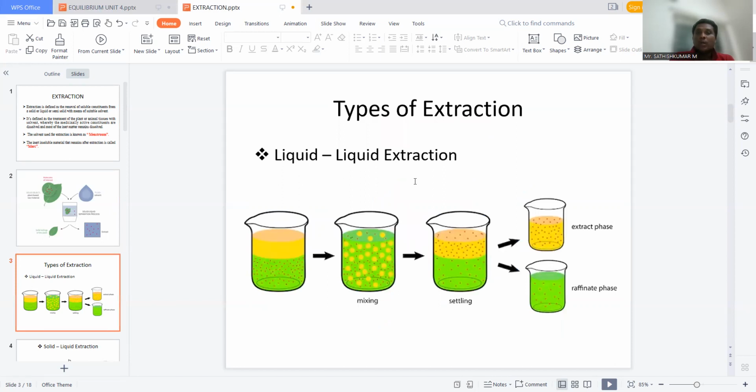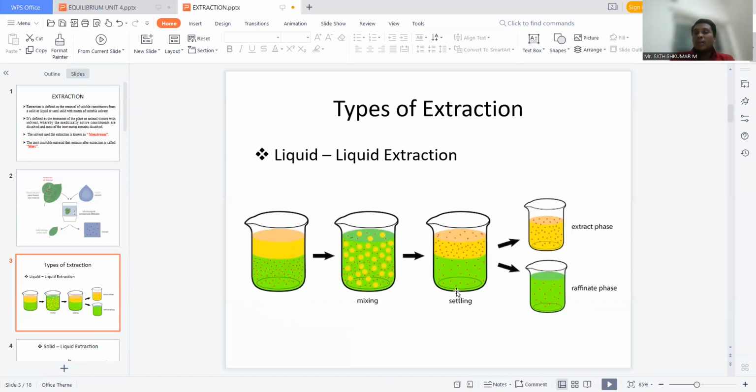This is the liquid extraction. This picture shows liquid extraction. In this beaker, two immiscible liquids are there. Due to the mixing process, the miscible solutes are transferred into the single solvent.